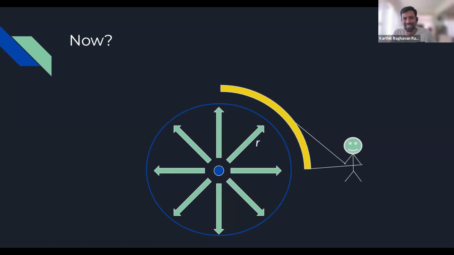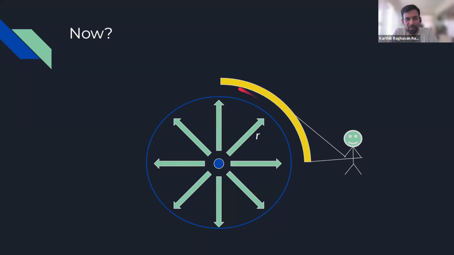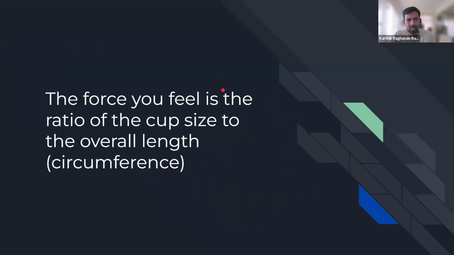So, if you cupped your hand only this much, you would feel a quarter of it. If you had a different answer, I'm very curious to hear what you thought. But let's go with quarter for now. Now, generalizing that, right? The force that you feel is the ratio of the cup size to the overall perimeter of the bubble.